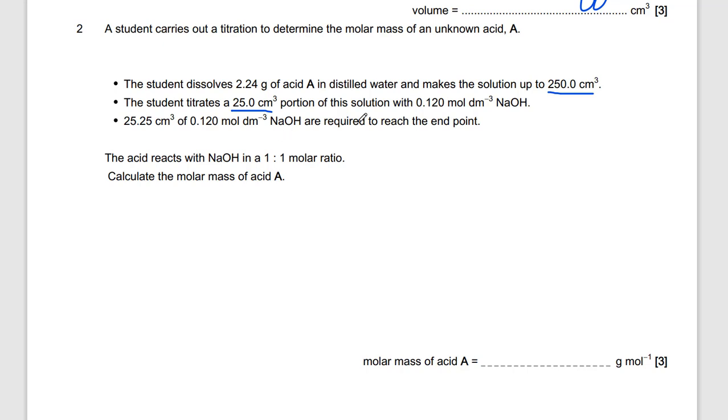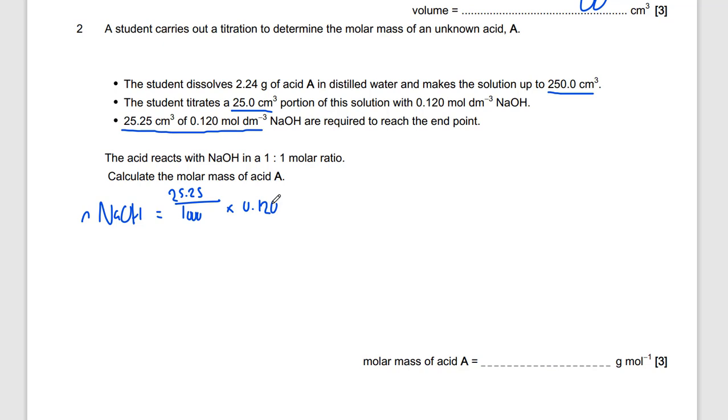And again, we're going to have a straightforward question. What is the known quantity here? As I said last time, I am given a concentration and a volume of sodium hydroxide. That's your starting point: to work out the number of moles of NaOH that we used in the titration, and that's going to be concentration times volume. This will be a very, very common theme in these questions. 25.25 over 1,000, convert to decimeters as we did before, multiplied by 0.120.